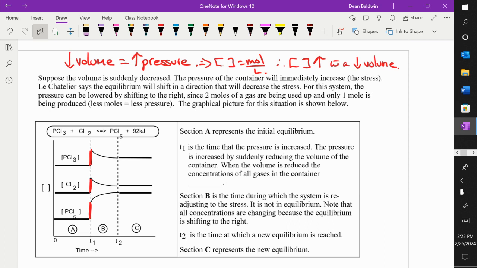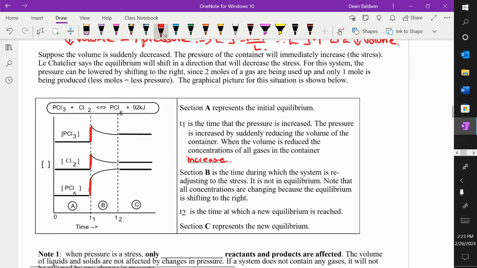Concentrations of all gas in the container will increase, and then the equilibrium shifts to the right to counteract this. You want to move to the side that has the fewer gas molecules.